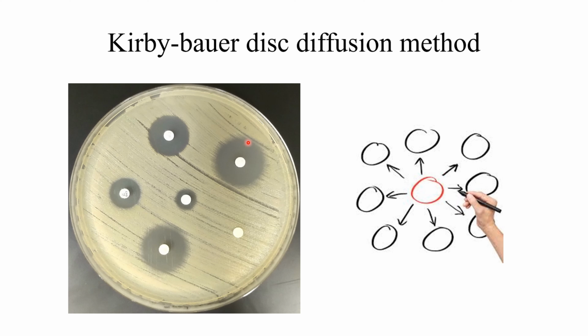So we will get a zone like this. These are the clear zones, and by seeing this zone we get an idea whether the organism is susceptible or resistant to this particular drug.